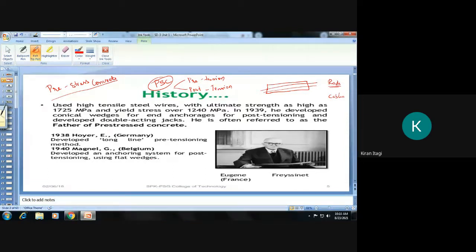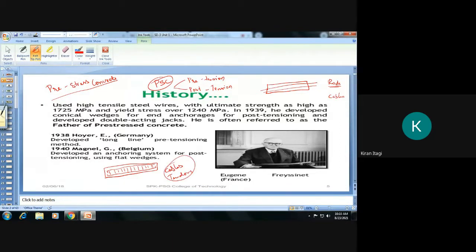In RCC structures we will provide the rods, correct? These are the stirrups. In prestressed concrete members, sometimes we use rods, or we have cables, tendons. So we have different types.